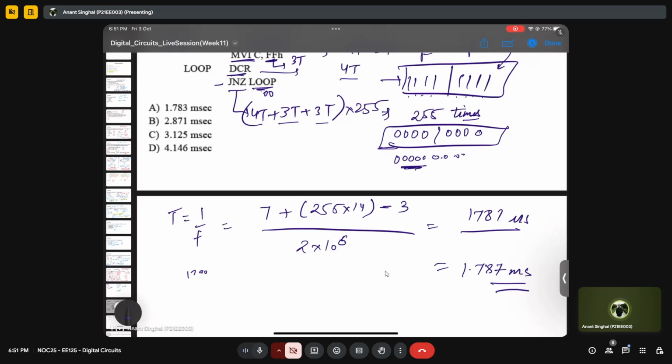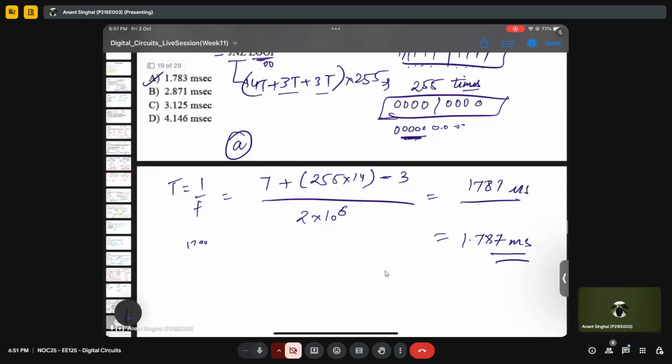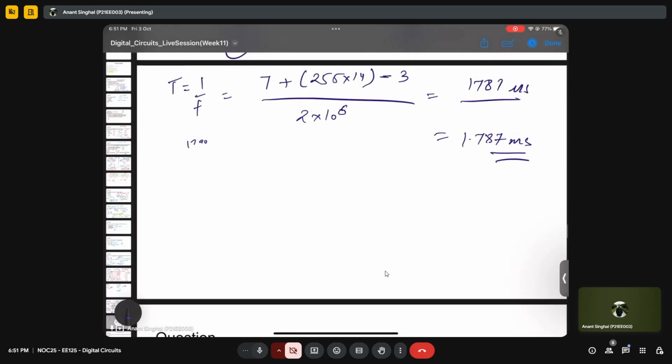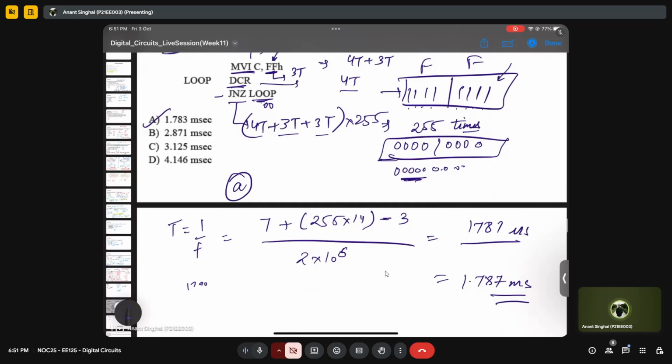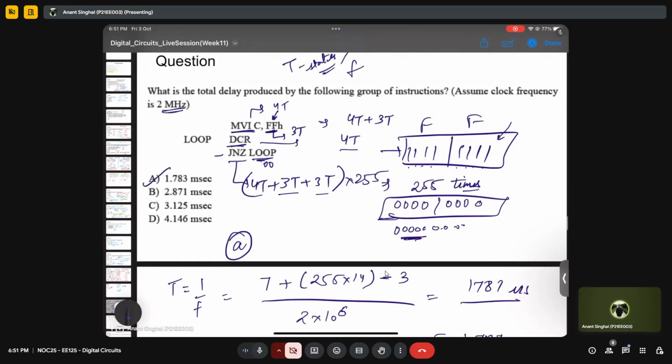So the closest answer is option A. So yeah, it will take a total delay of 1.78 milliseconds to operate this particular loop.